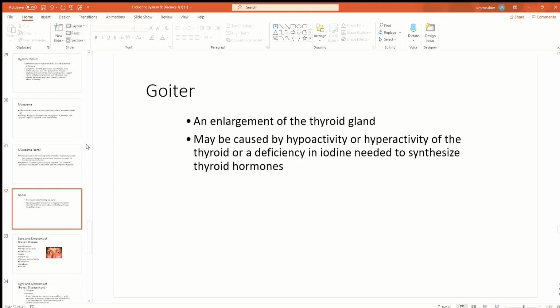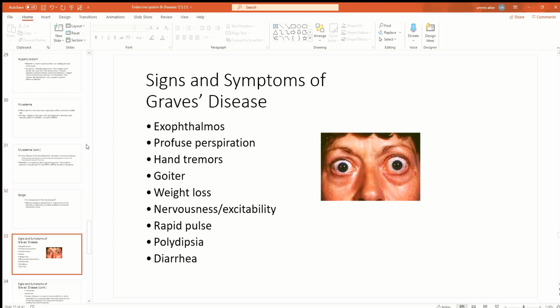Now another clinical condition that I already mentioned, goiter, enlargement of the thyroid gland, and this occurs due to hyperactivity of the thyroid. In hypothyroidism, usually we see this one. Graves' disease, I already mentioned that hyperthyroidism may lead to Graves' disease, and weight loss.